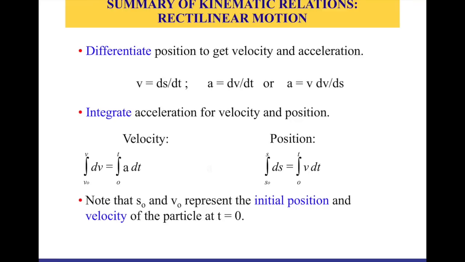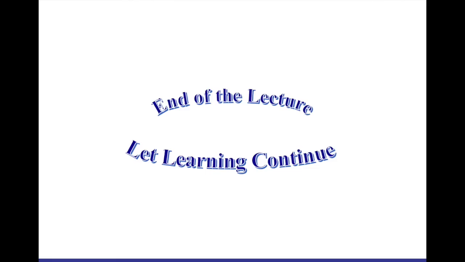That's important in our analysis. So this is a quick overview of the kinematic quantities we are interested in, and in the following videos we are going to look into how we can use these quantities in solving problems of a particle moving in a straight line.